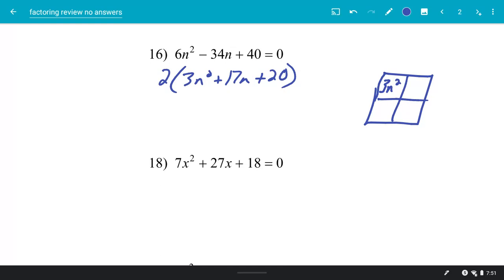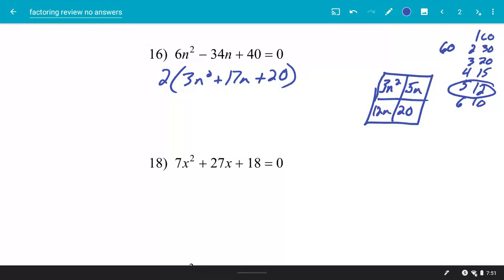3n squared and 20. 3 times 20 is 60. 1 and 60, 2 and 30, 3 and 20, 4 and 15, 5 and 12, 6 and 10. Which of those come together to get me a 17? So 5n and 12n.